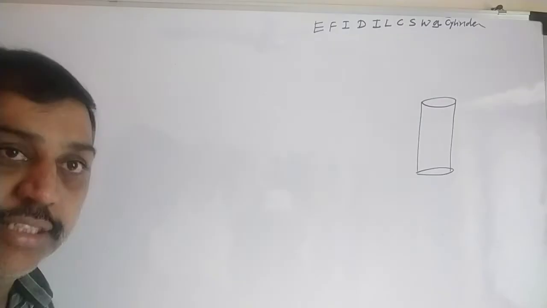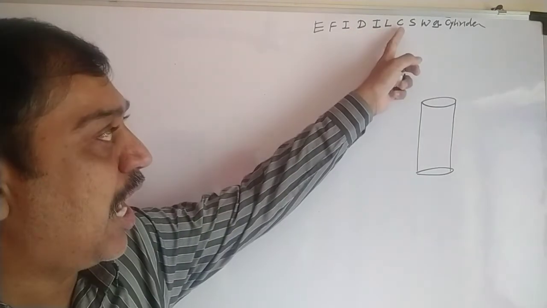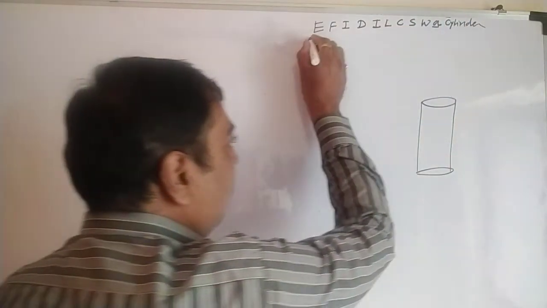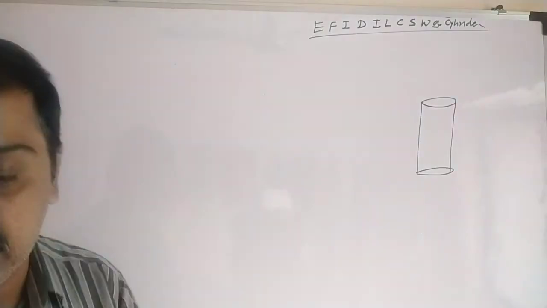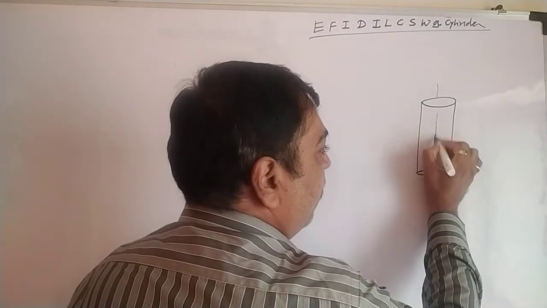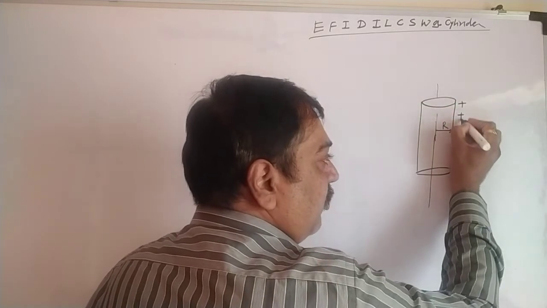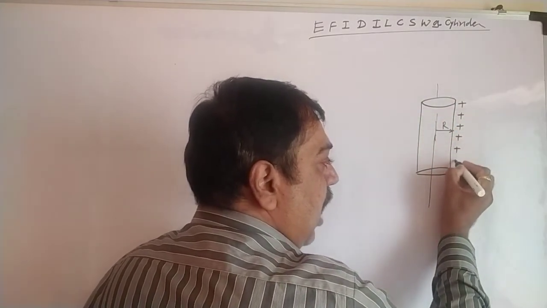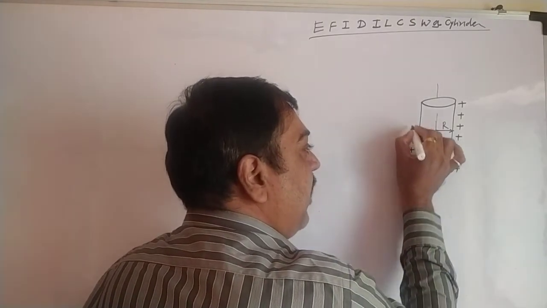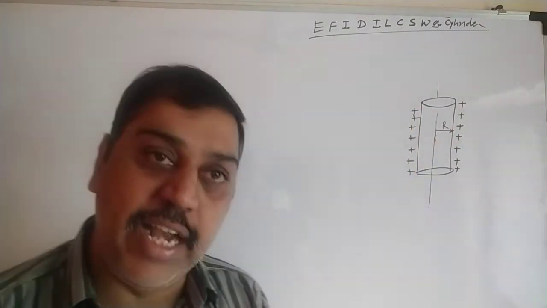So let us see the electric field intensity due to an infinitely long charged straight wire or cylinder, that we have to consider. Let us consider this is a cylinder, and this cylinder is charged, whose radius we have to draw here. Suppose capital R is the radius, and as it is charged, suppose positive charge is given to the outer surface of the cylinder, or we can say the charged straight line wire.